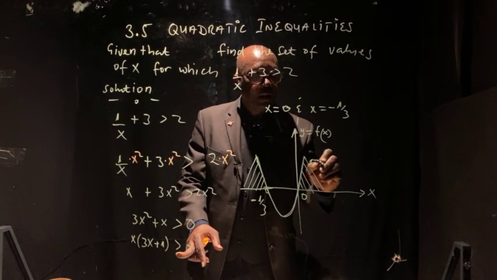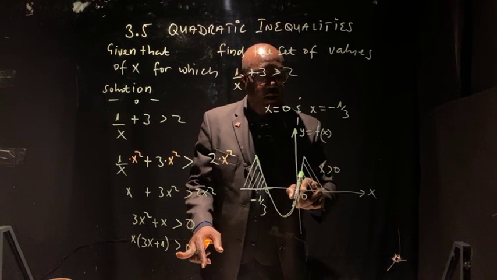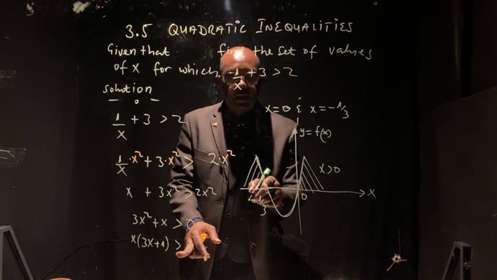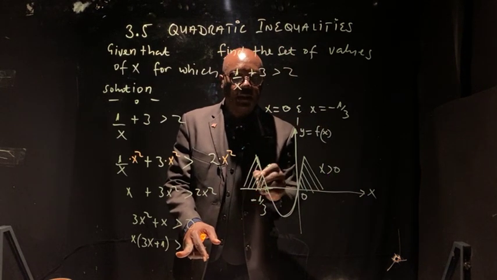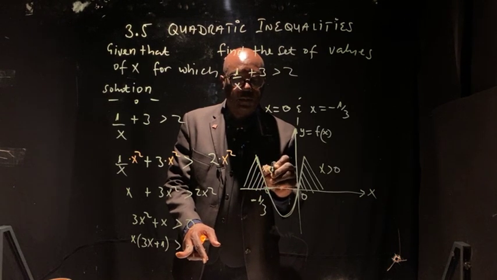Here, x is greater than 0 because from here it moves, increases. And here, x is less than minus 1/3.